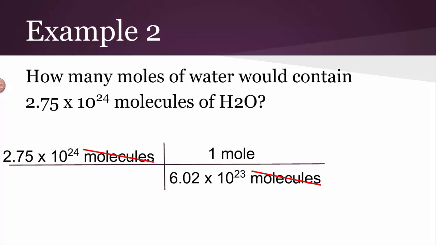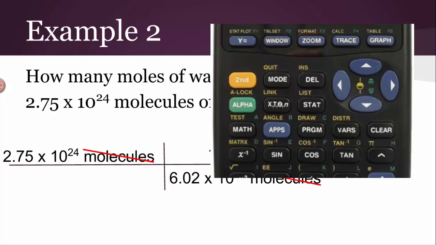Now if you put this into your calculator using the times 10 and the caret, you're not going to get the right answer. You're going to come out with something times 10 to the 46th or 47th power, which is the wrong answer. What I want you to do is get used to using the exponent button on your calculator. You'll hit the shift button, and then look for the EE.